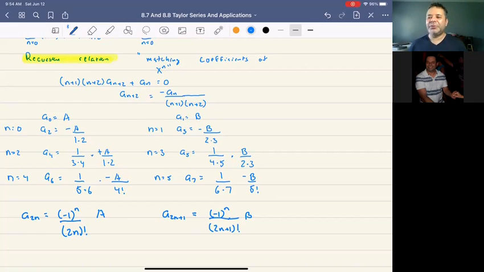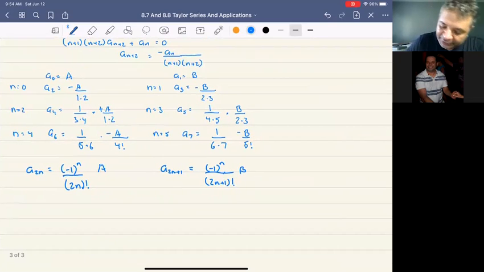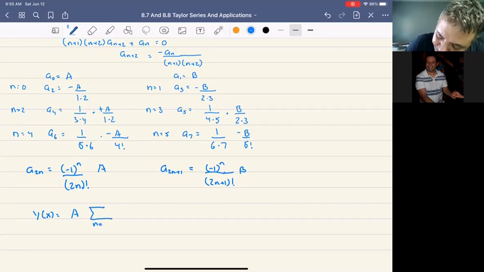Okay, so we end up getting our series solution like so. We're taking out all the evens. Now I'm still going to do this from 0 to infinity, because I'm basically multiplying it by 2. It's going to be a times the sum of negative 1 to the n over 2n factorial, x to the 2n.